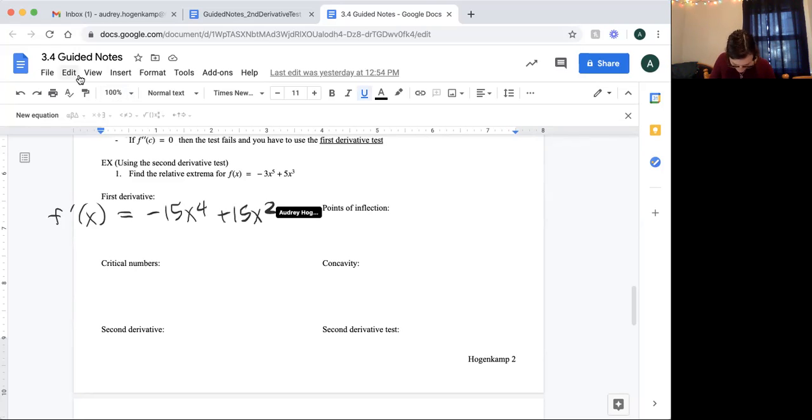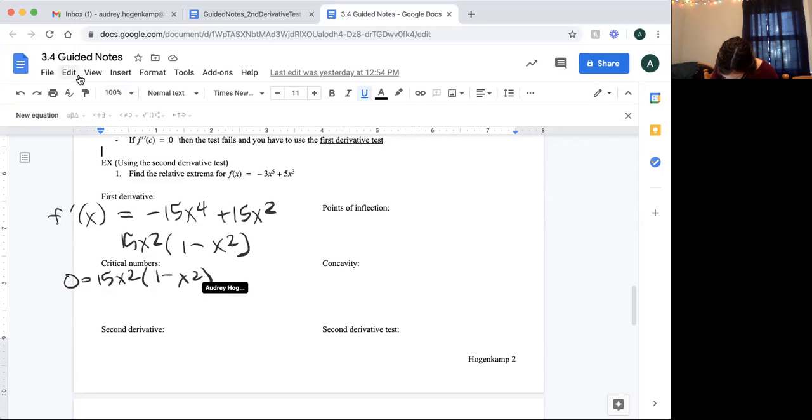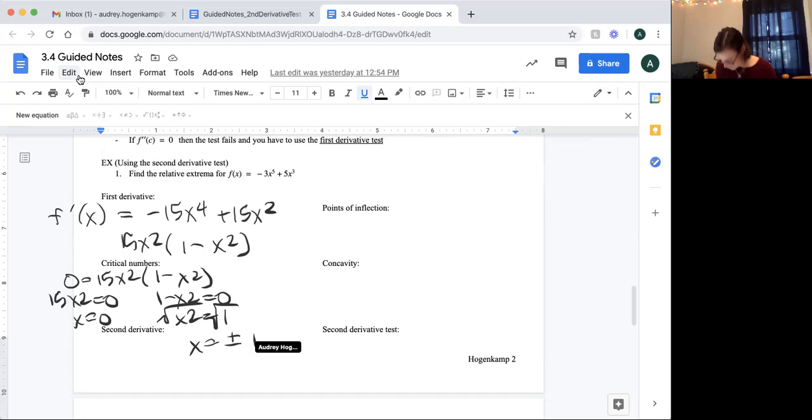I'm going to rewrite that as 15x squared times 1 minus x squared, to factor out the greatest common factor and make it easier to find my critical numbers. 0 equals 15x squared times 1 minus x squared. 15x squared equals 0, x equals 0. 1 minus x squared equals 0, x squared equals 1, x equals plus or minus 1.